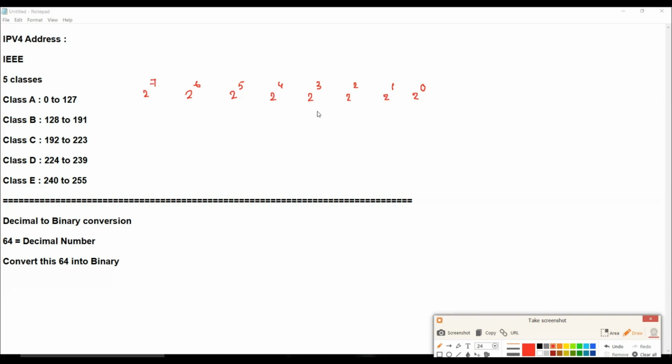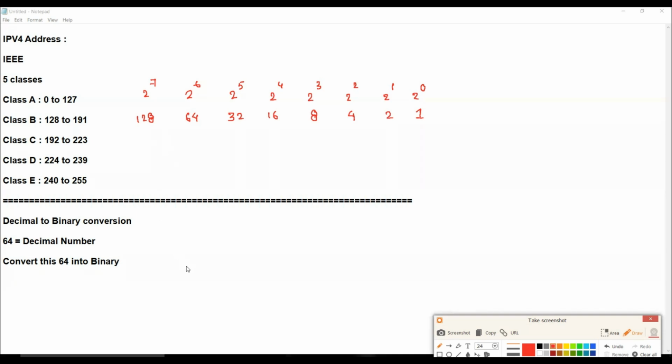So these are basically my 8-bit position values. Accordingly, 2 raised to 7 is 128. This is 64. This is 32. This is 16. This is 8, 4, 2, and anything to the power of 0 is 1. These are your bit position values, right? So I've got 8 bits, and these are my different 8-bit position values.